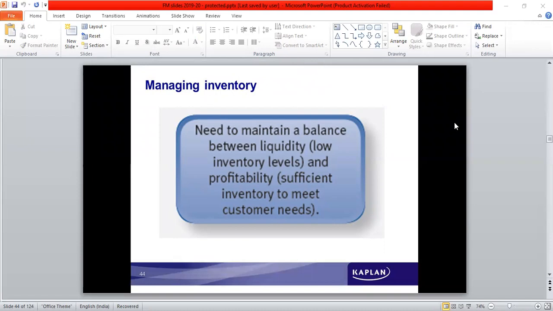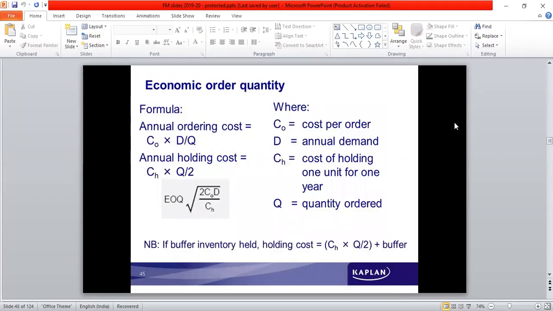Because we've already discussed that inventory takes a longer period of time to get converted, but if inventory is not available, that is again a problem. On account of non-availability of material, if the production process gets affected, if it is stopped, then the overhead cost would be incurred with no benefit, with no production taken up. If that is the case, then that is a loss to the business.